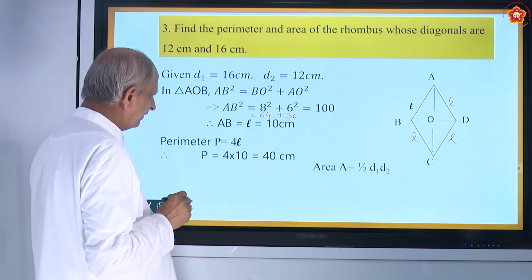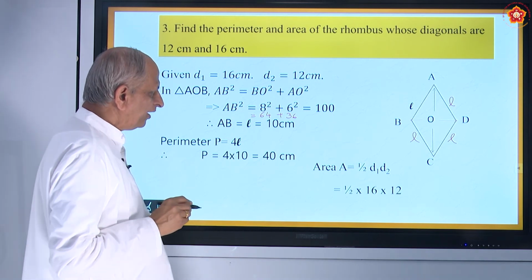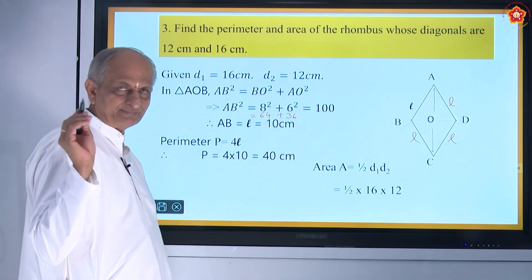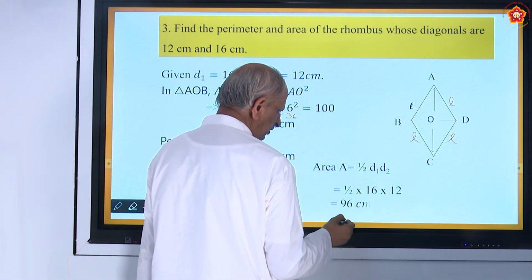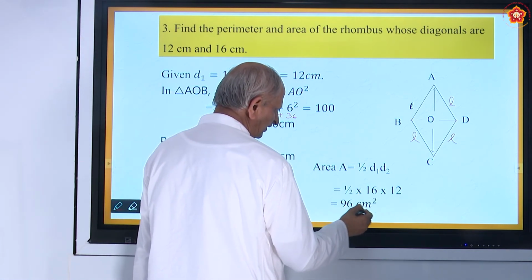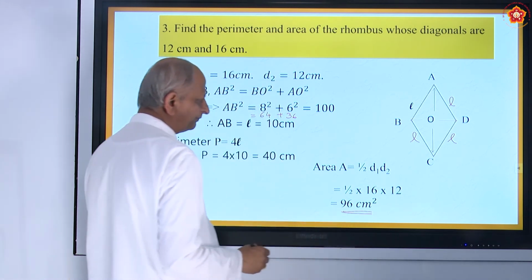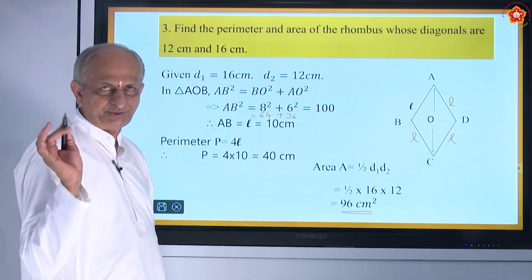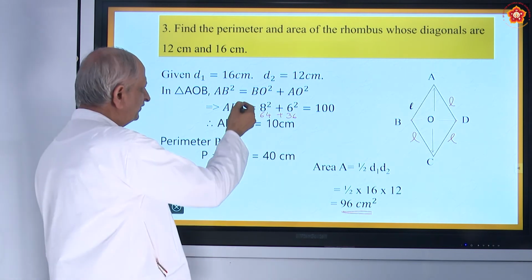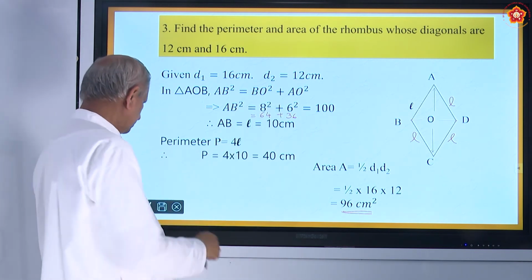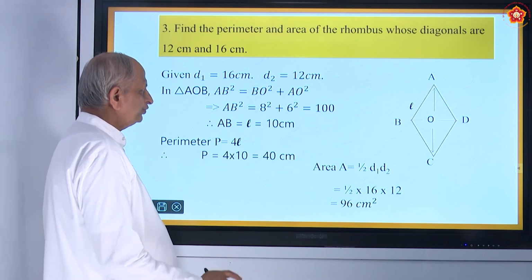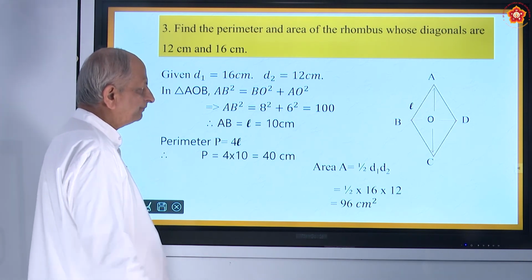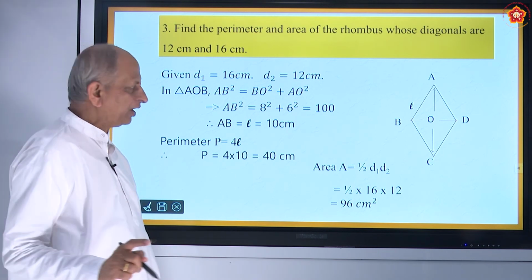Area becomes half of D1 D2 formula. So D1 is 16, D2 is 12 and area becomes 96 square centimeters. It's a 2-mark question, it's a direct question. Only thing is you should know how to find out the side by using Pythagoras theorem. Is it alright? That is about rhombus.